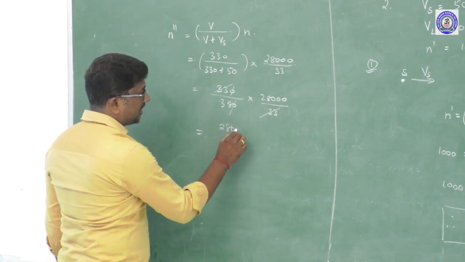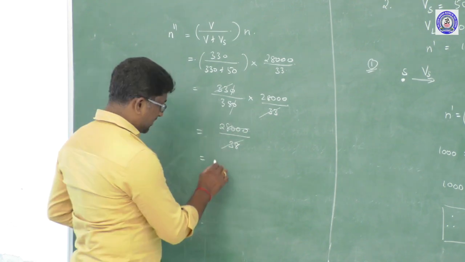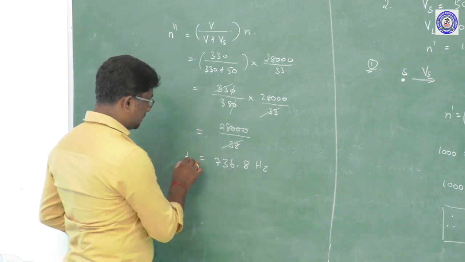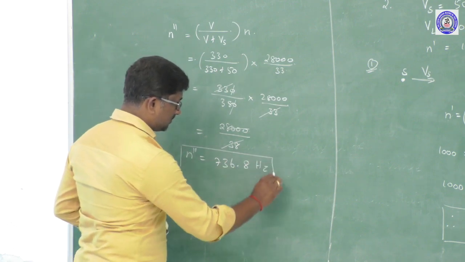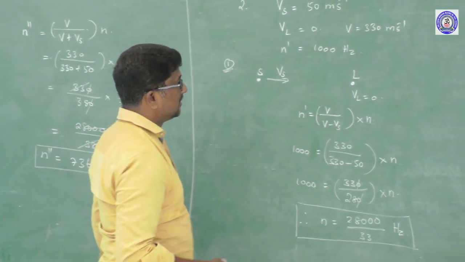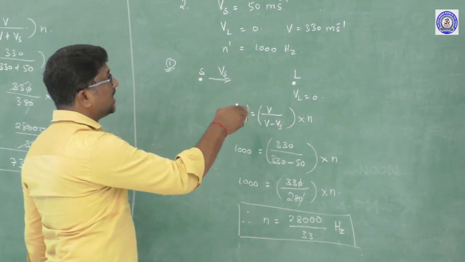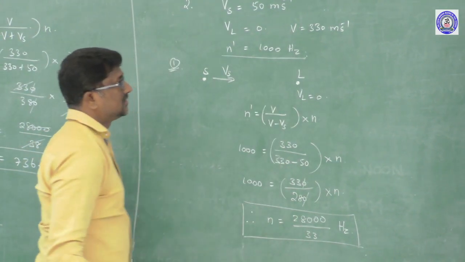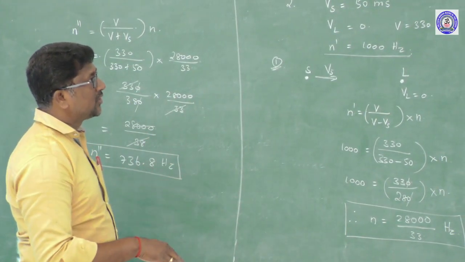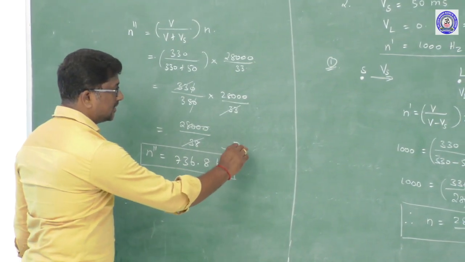Then 28,000 divided by 38, which is 736.8. If the source is moving towards a stationary listener, the apparent frequency of the sound measured by him is 1000 Hz. If the same source crosses him, then the apparent frequency measured by him becomes 736.8 Hz.